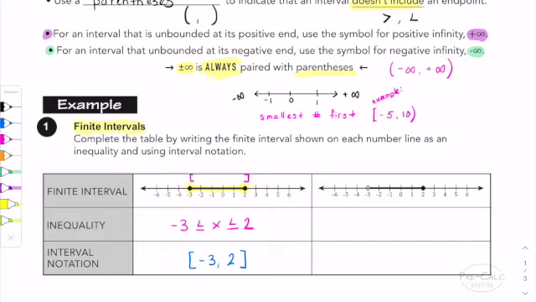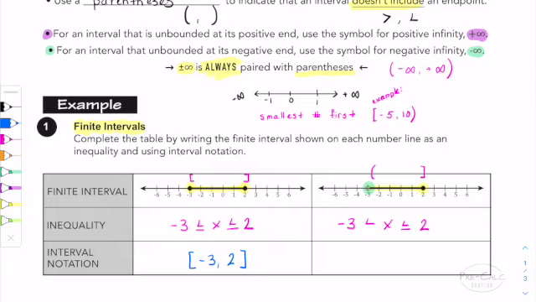For the second interval, we have a number line with the same values, but this time we have an open circle at -3, and we still have a closed circle at 2. This is going to indicate that we use a parenthesis with the open circle and a square bracket with the closed circle. Using an inequality, we would write this as -3 is less than, open circle indicates that it is not included, so just less than, -3 is less than x, which is less than or equal to 2.